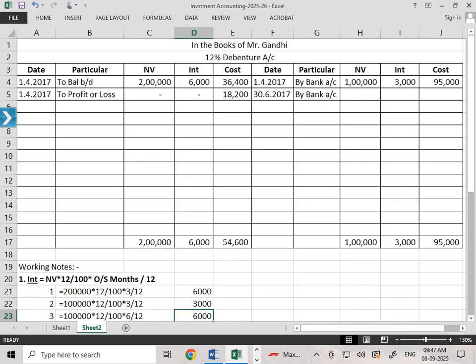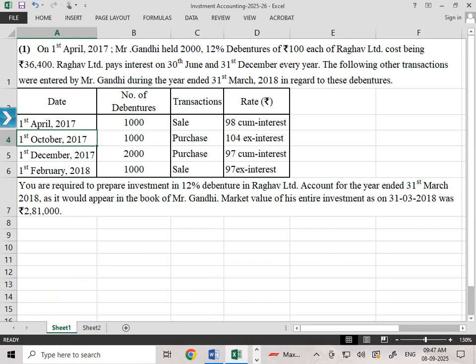So write down 6,000 in interest column only. Nominal value column 0, cost column 0. Chalo. Now we will record next transaction.